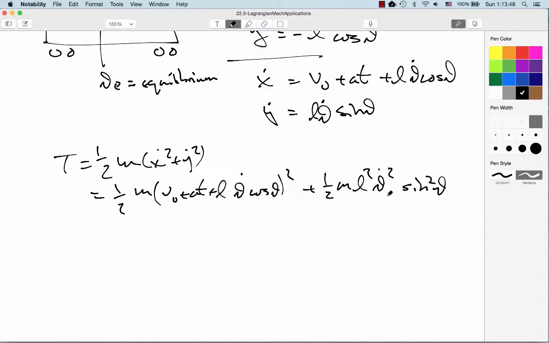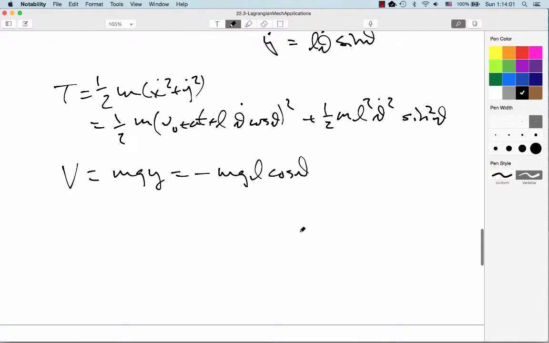And V is equal to m g y, which is equal to minus m g L cos theta. And I'm not going to expand these yet. We're going to leave it like that.